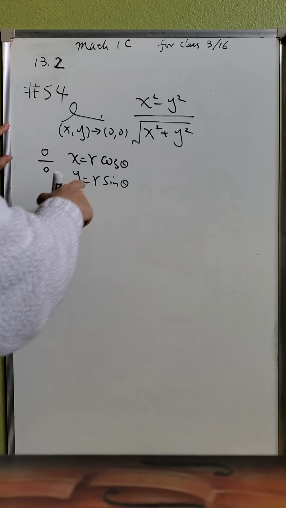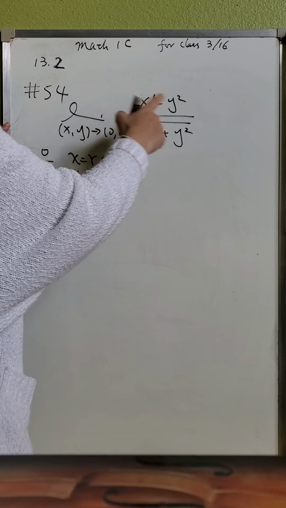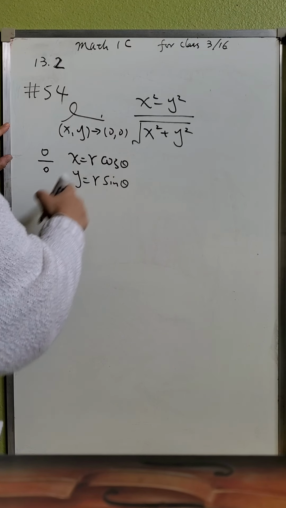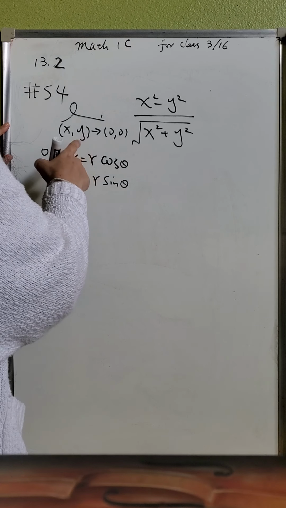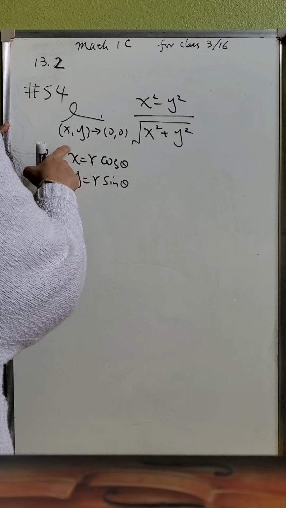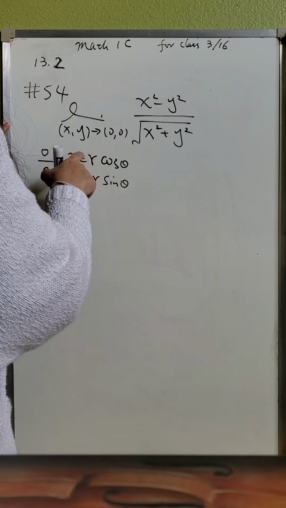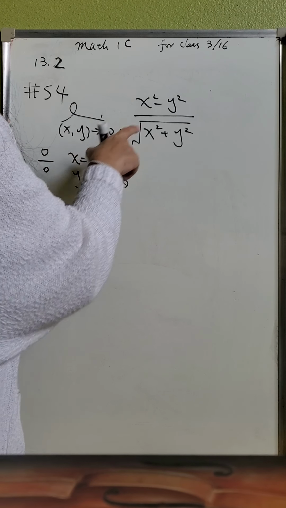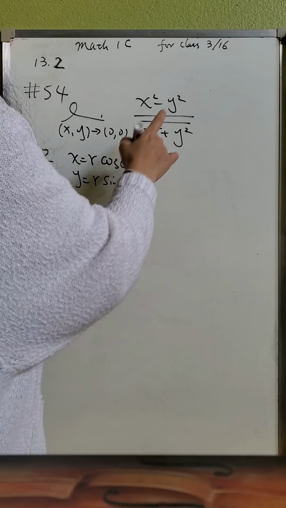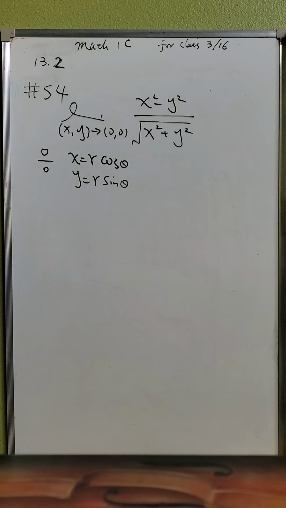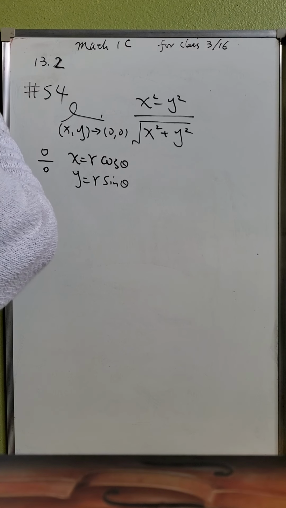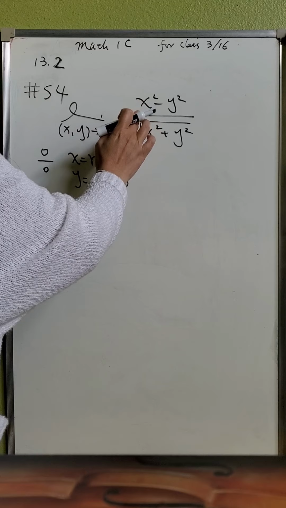So we're going to convert this one in terms of r and theta. So we're going to change our x, y to r and theta. So x equals r cosine theta, I put it inside here.